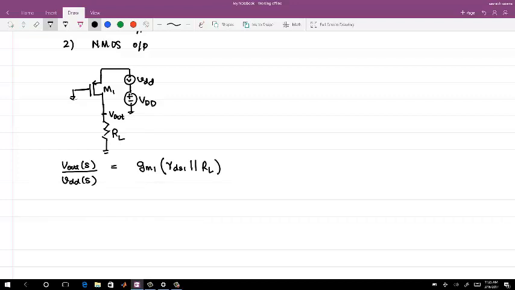Then the other case is where the PMOS gate input is also seeing the same noise as the source input. So VDD, RL, and this is Vout.